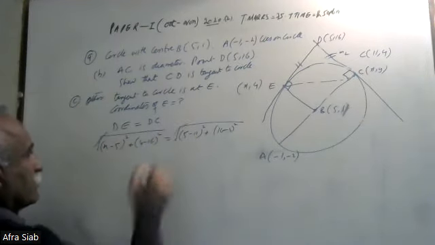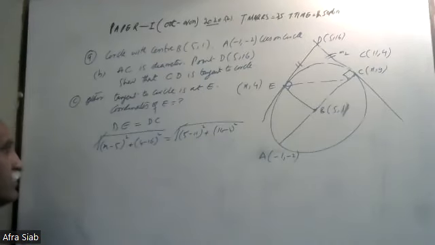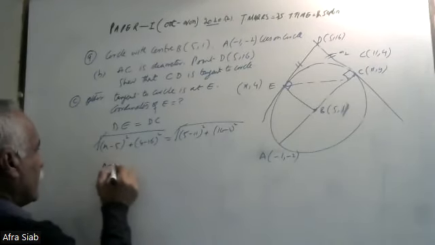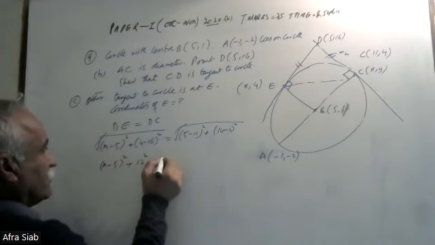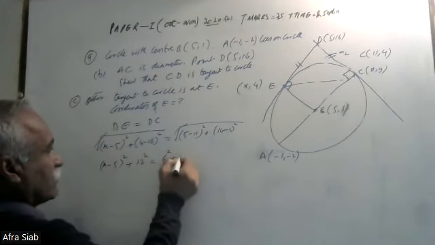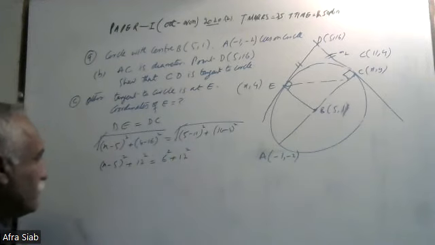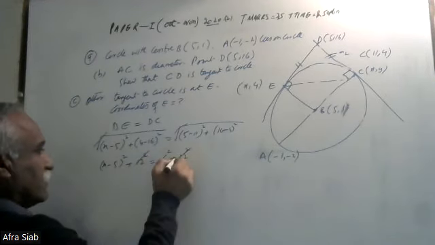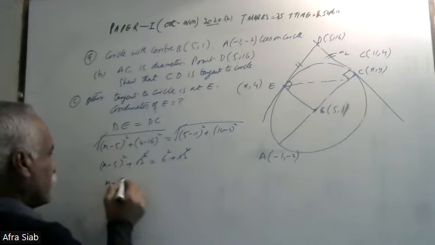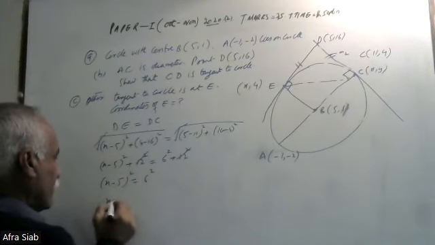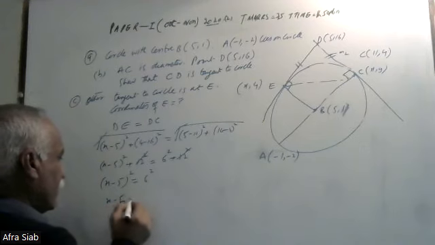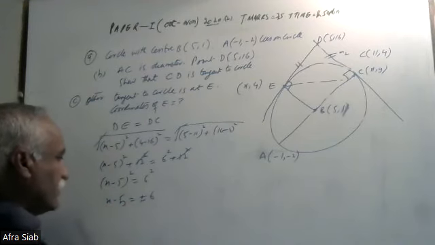Taking this square root, it cancels out, and this will become (x minus 5) square plus 12 square is equal to 6 square plus 12 square. This and this cancel out. So (x minus 5) whole square is equal to 6 square, or x minus 5 is equal to plus minus 6.